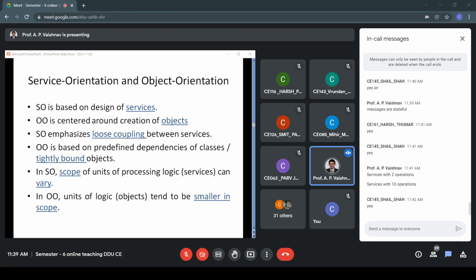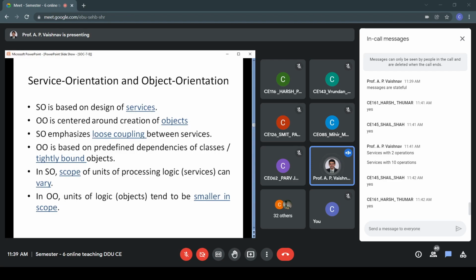Are you clear with these 3 points, although I have not labeled them? First point is regarding focus. Our focus in service orientation is on services. Our focus in object orientation is on objects. Second point, service orientation focuses on loose coupling between services. Object orientation also tries to achieve loose coupling, but by default, you will be connected to some or other class. We cannot have a class diagram where all the classes are hanging, not connected.